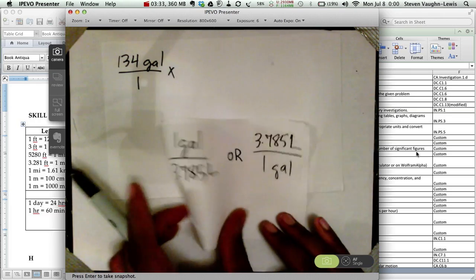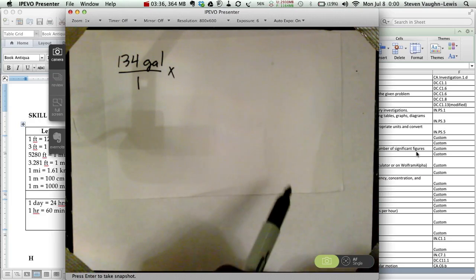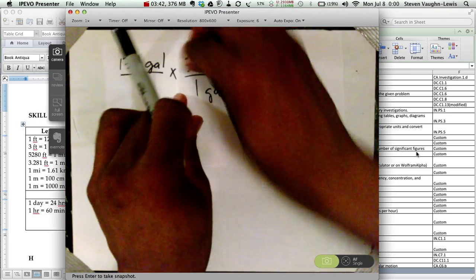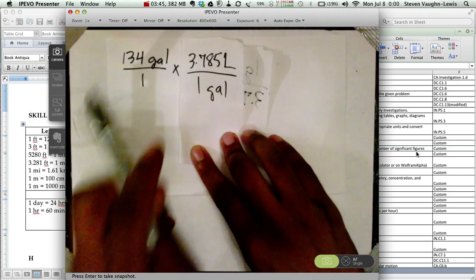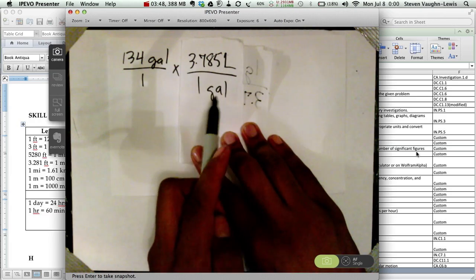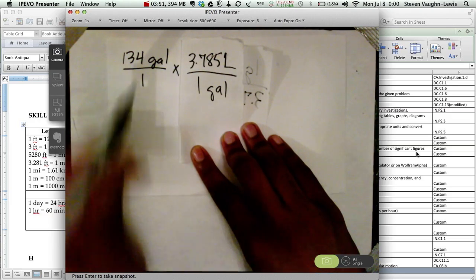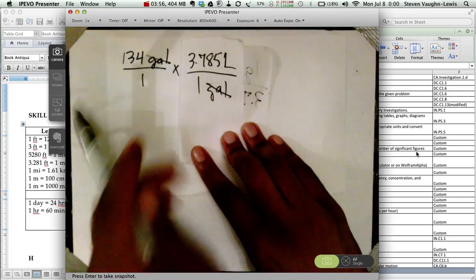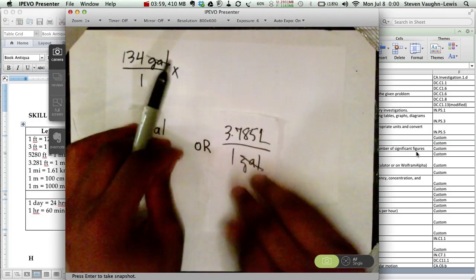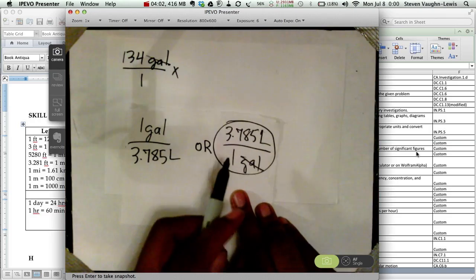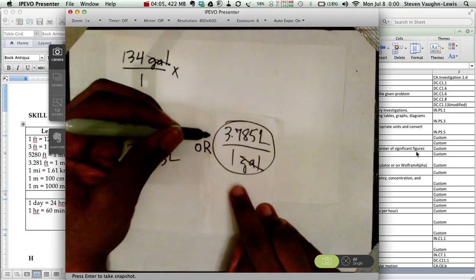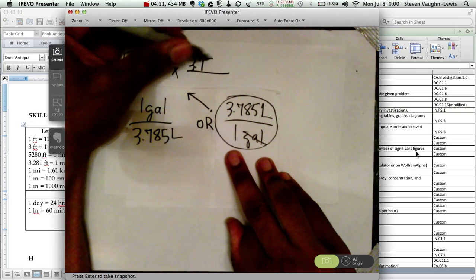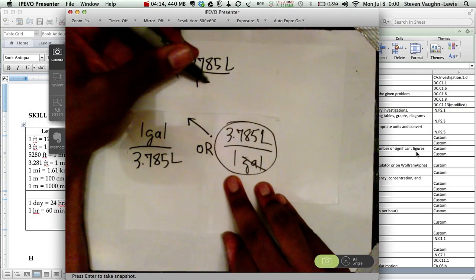If I were to do this, then I would have gallons on top, gallons on the bottom, and it will let me cancel out gallons. So I'm going to pick this conversion factor. I'm going to move that one up here, and I'm going to say 3.785 liters divided by 1 gallon.